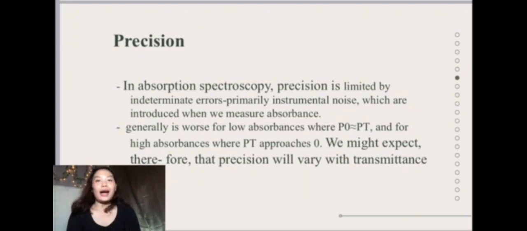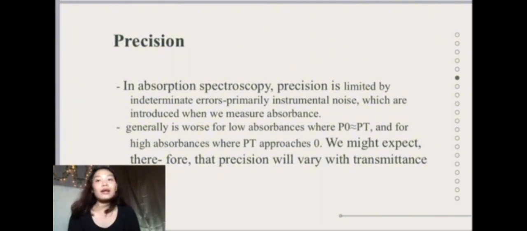For low absorbance, where the incident light intensity or ang P0 is approximately equal to transmitted light intensity or ang PT, the signal to noise ratio decreases. So, making it difficult to distinguish the absorbance signal from the background noise. So, mas similar siya sa high absorbance.